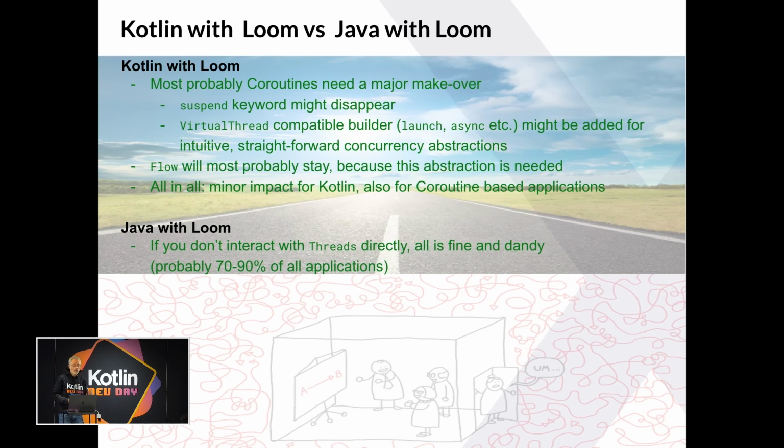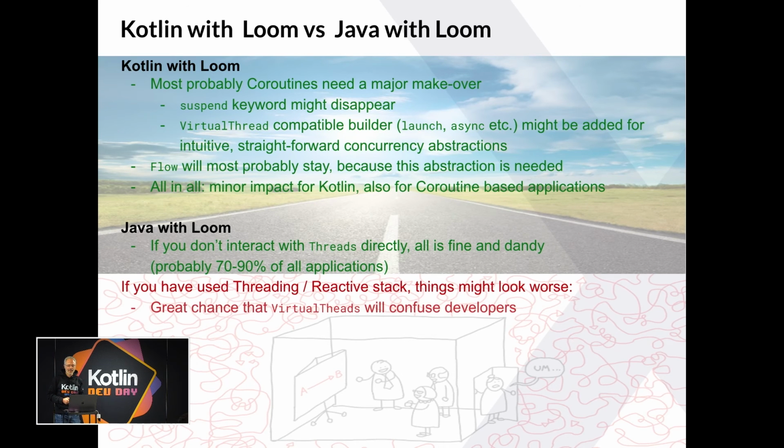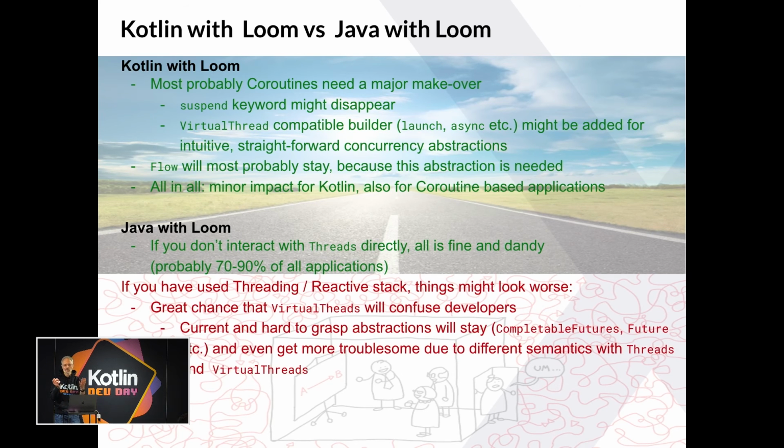For Java with Loom, I think for 70 to 90% of applications there is also an impact, as long as you don't interact with threads directly or use a reactive toolkit. If you just use normal Spring Boot applications that are all blocking today, you get a boost automatically. However, if you're using threads or a reactive toolkit, then we get the confusion we saw before.